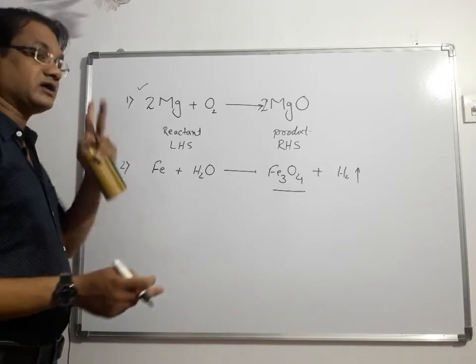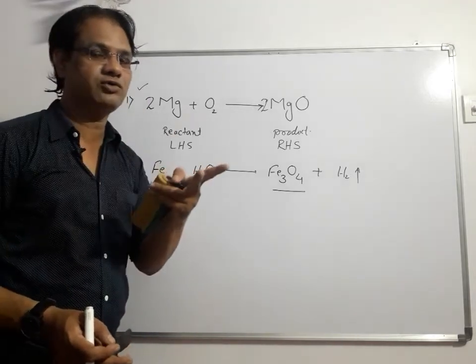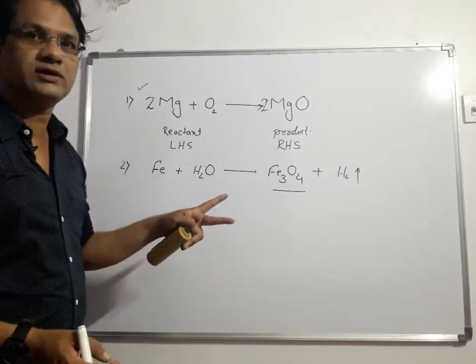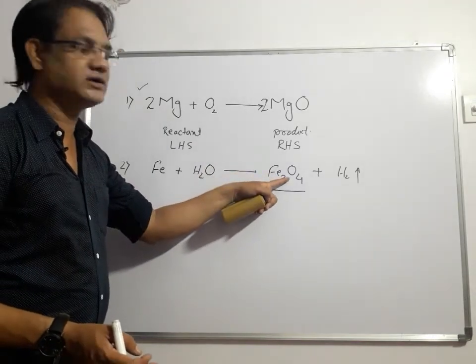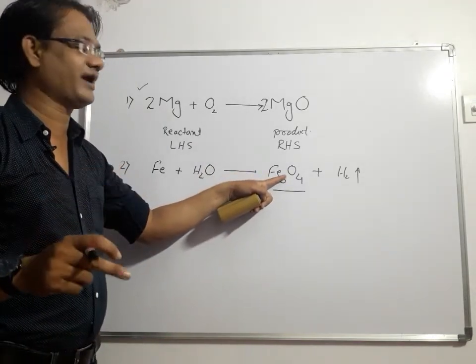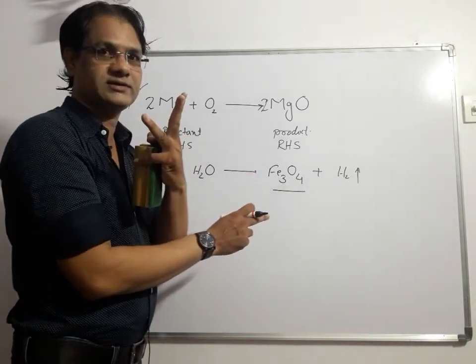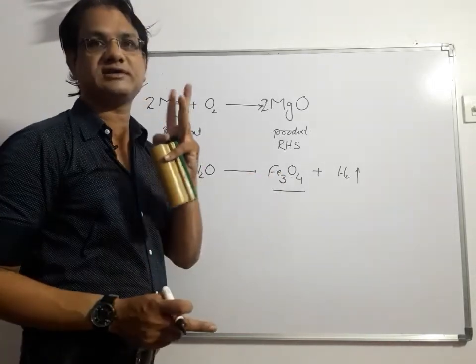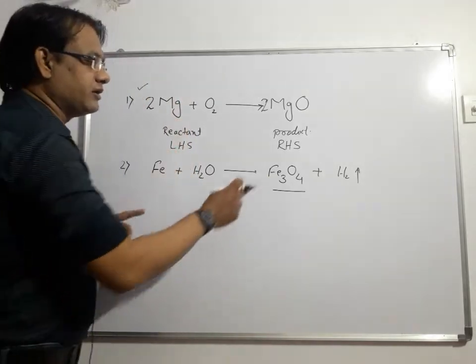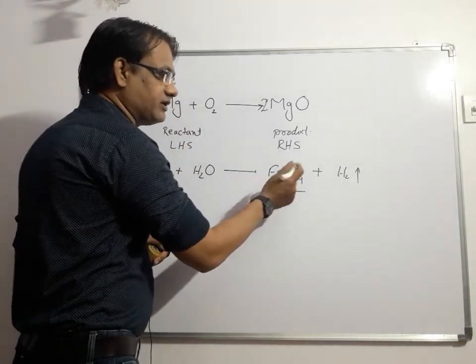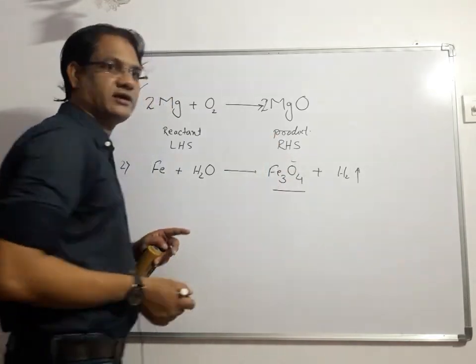Okay, now the second point. Next I will choose the element which has the highest number of atoms here. In this molecule there are 3 iron and 4 oxygen atoms. So from this molecule I will choose the oxygen atom.